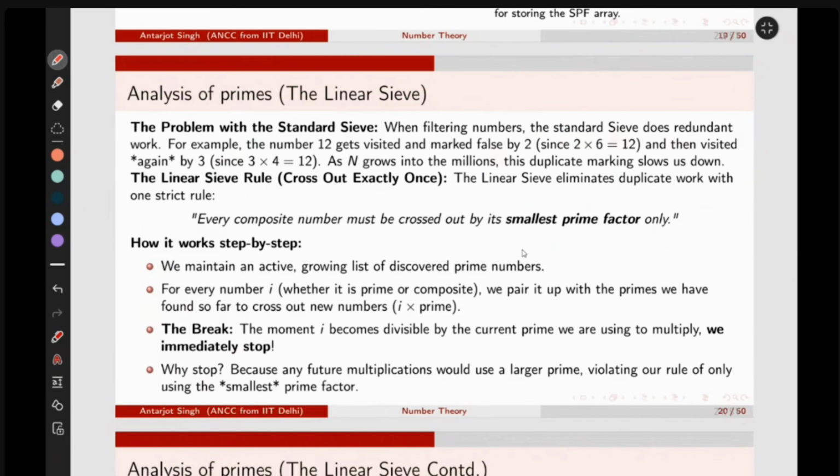Because 3 cross 5 is 15. And when you have the prime 5, then 15 is also visited by it, as 5 cross 3 is 15 too. So we are getting useless operations by going to higher primes, right? By using linear sieve, we are going to stop at the smallest prime factor only, and then we won't go ahead.